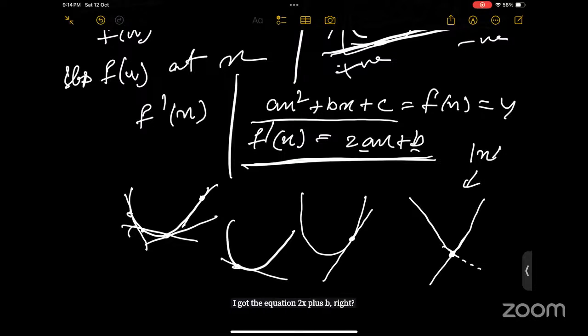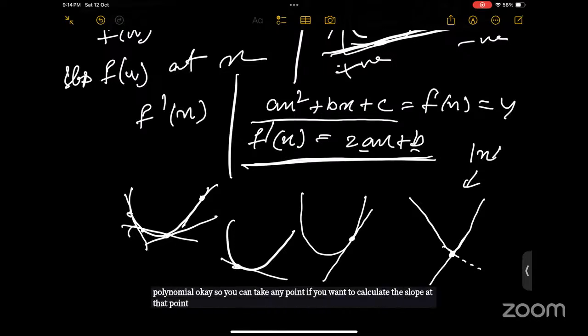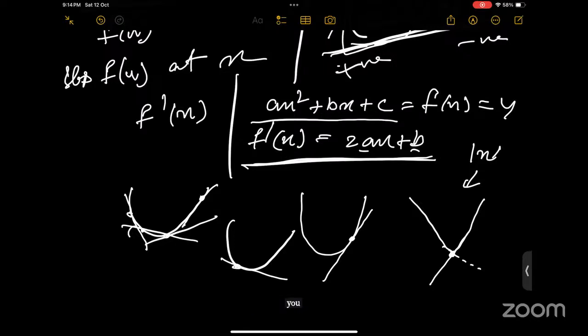Here x is some point. x can be any point over the polynomial, so you can take any point if you want to calculate the slope at that point. You can put the value of x there, then you will get the slope at that point.